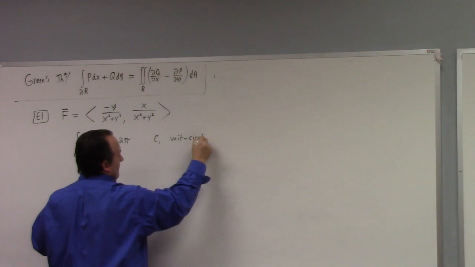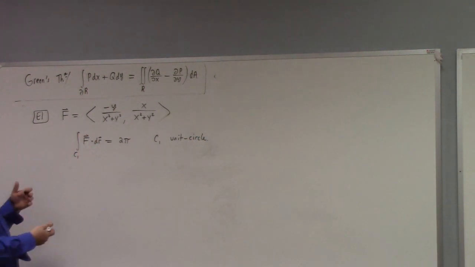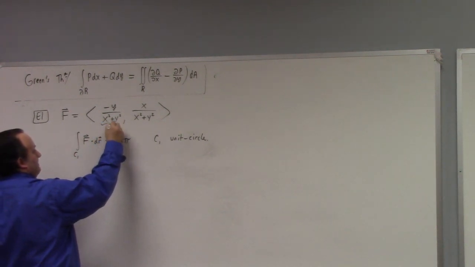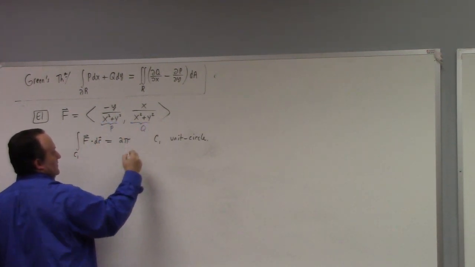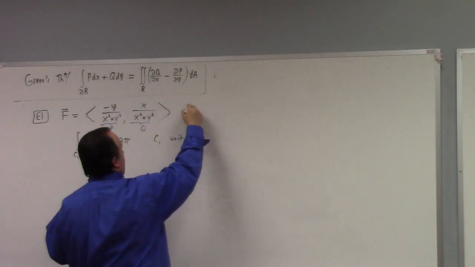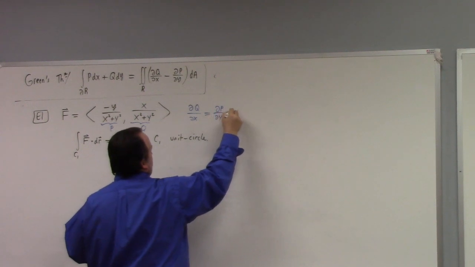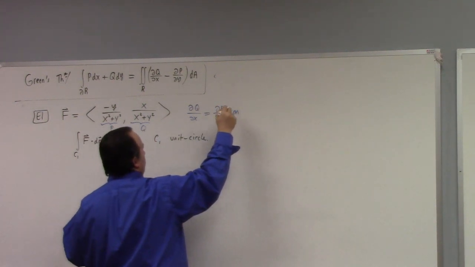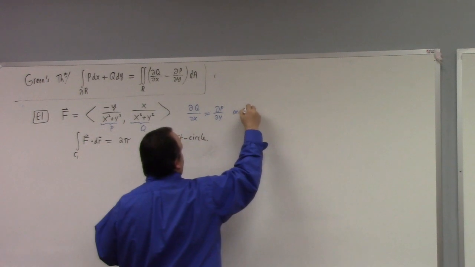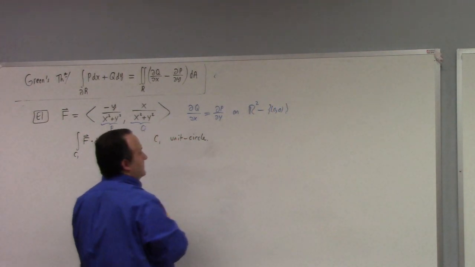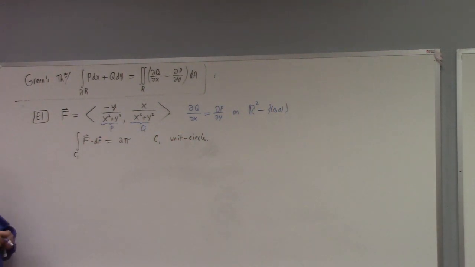We have also previously calculated, here's P, here's Q. We have checked that partial q partial x is equal to partial p partial y on where? Actually on R2 modulo the origin, right? On the punctured plane, it's true. This we've also checked.